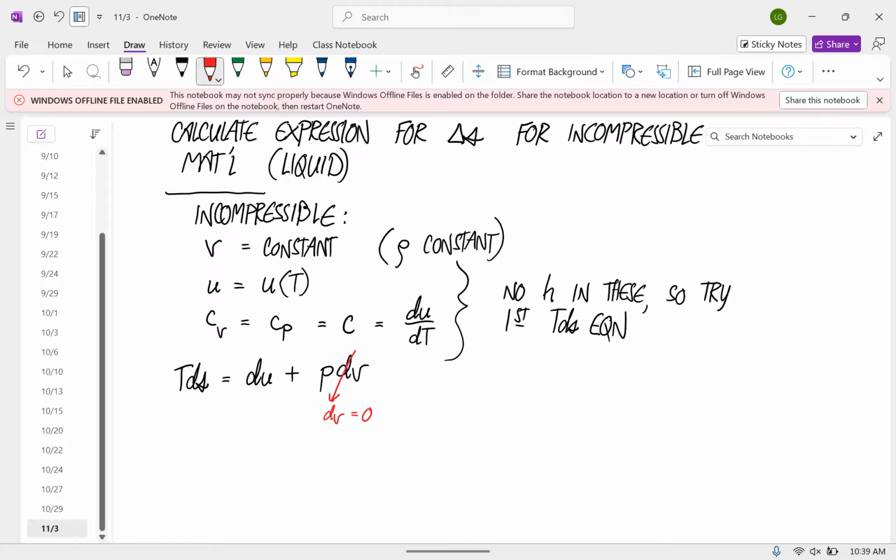And then what about du? Well, we can rewrite du as c dT from that definition of specific heat for an incompressible material. So TdS is equal to c dT.